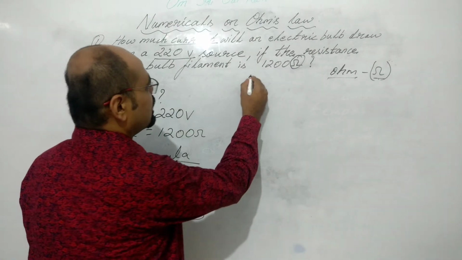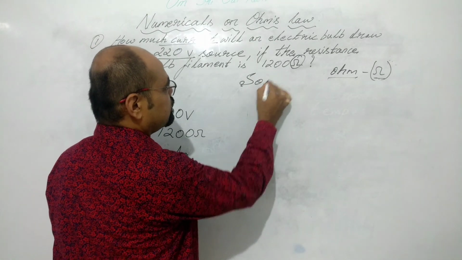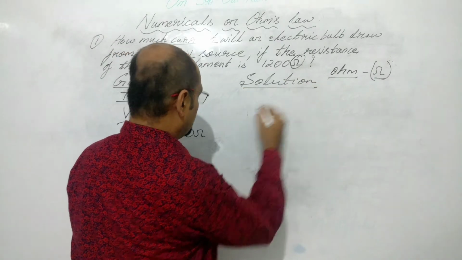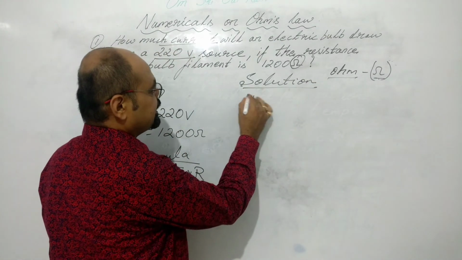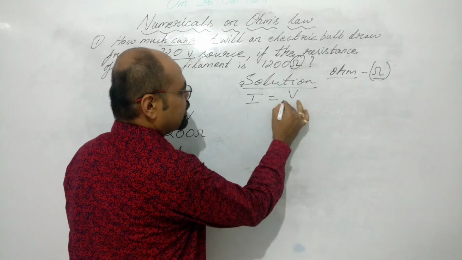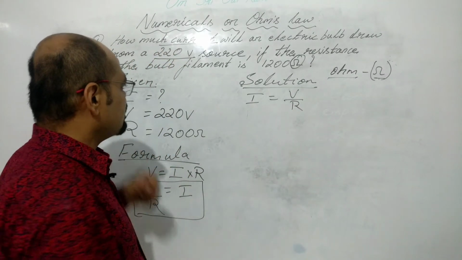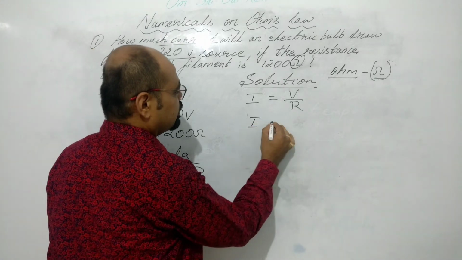Now coming to the solution part, we will write here solution. We'll write the formula I is equal to V by R. Now what is the value of V?